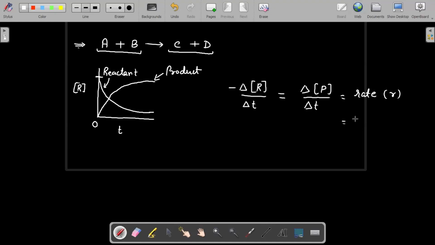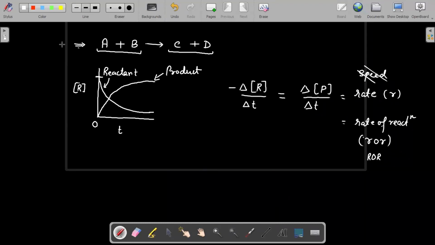In many books, it is also given as the rate of reaction. In short, many times teachers may use the word ROR, or capital ROR. So all these things are the same. Rate or speed. Speed is not very often used because it goes with physics. So we are calling it here rate, r, or rate of reaction, or ROR of the reaction.